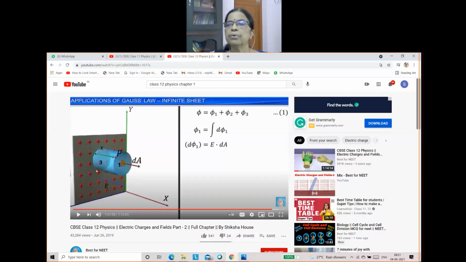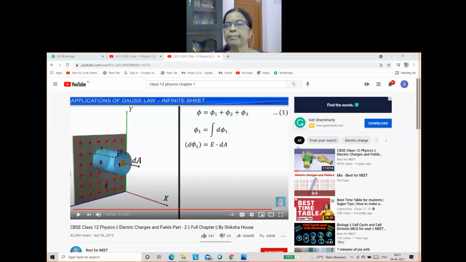Why is the curved surface flux equal to 0? I will ask Barna Manoj. Why is the curved surface flux equal to 0?